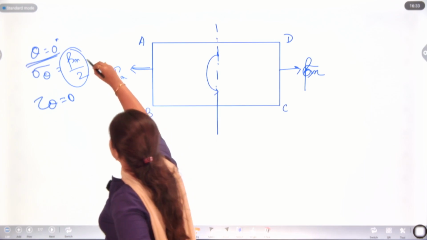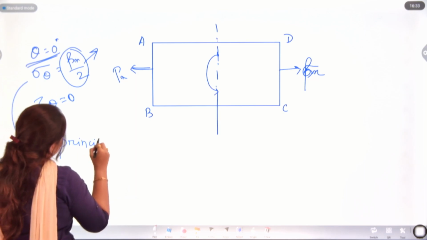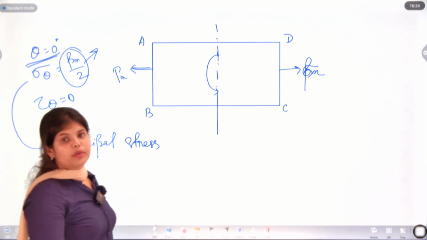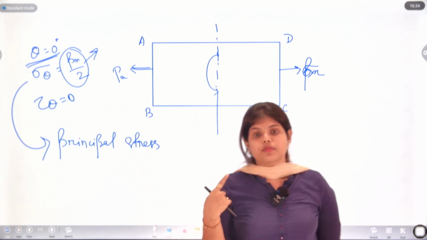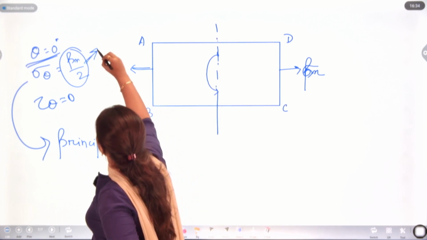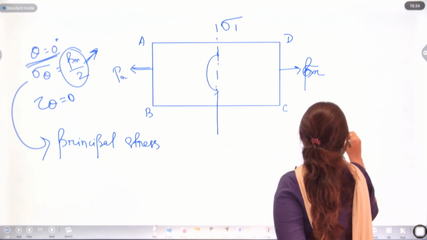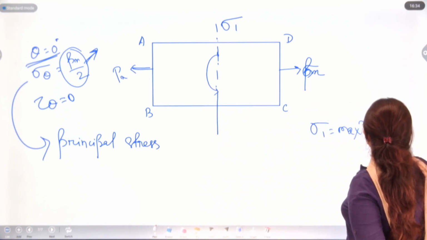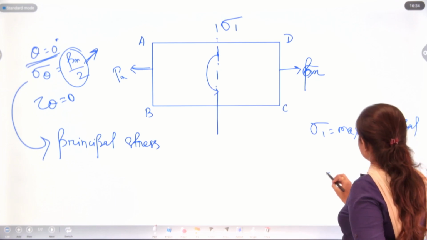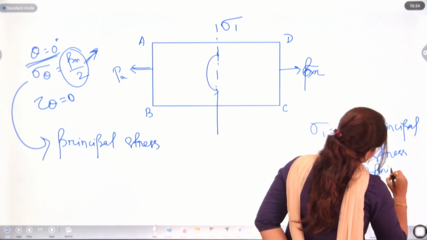We will take that as our principal stress, and in case of principal plane there will be two stresses, one is maximum principal stress and another one is minimum principal stress. So, at theta equals 0 degree we will have sigma 1, and we will take that as maximum principal stress. Also we can call that major principal stress.